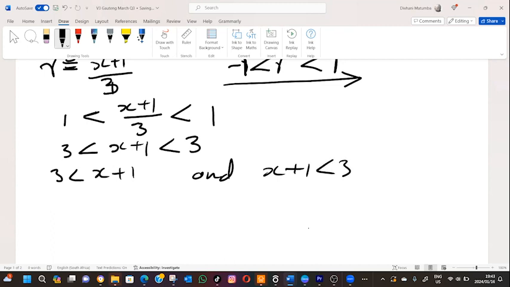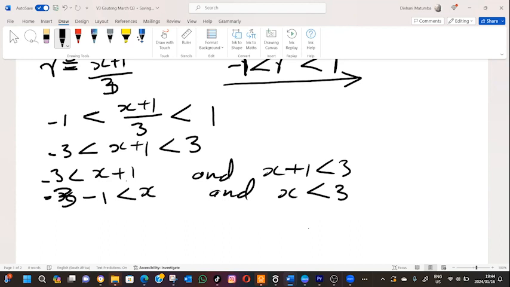Now, to solve this one, we know that x, if we take this is a minus because we divided by -1. So if we take +1 to the other side, we will get x, we will get -3 -1, and take +1 to the other side, it will be 3 minus 1.